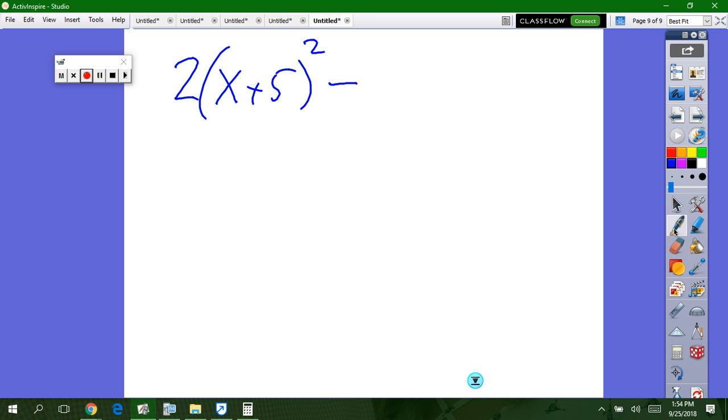Give me a number, a reasonable number. 6. I'm not going to do it. How about a 9? And then I want us to factor this into 2 binomials.